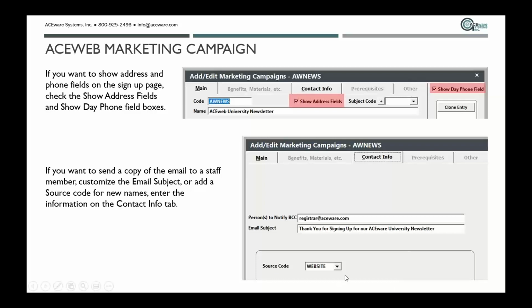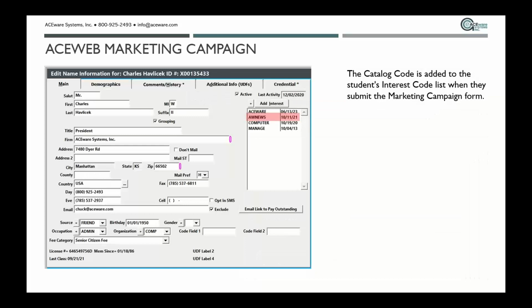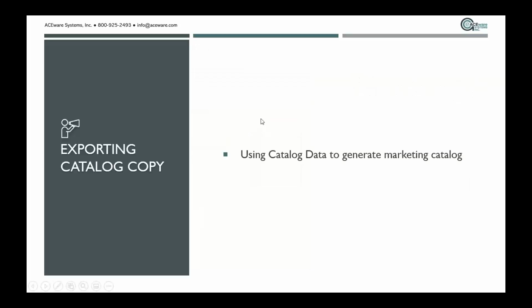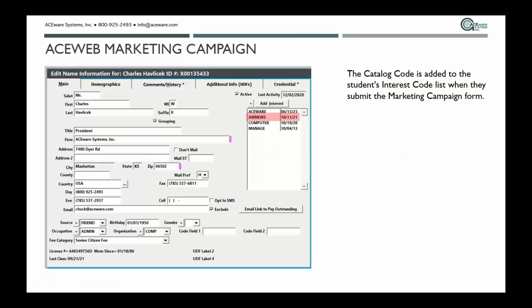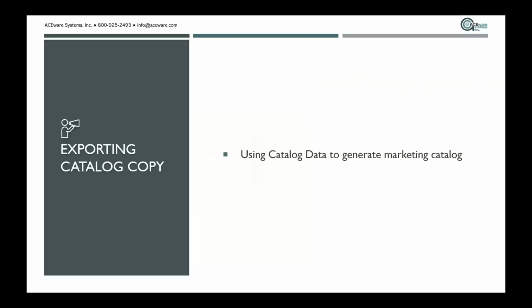And again, it references the source code as to where that student came from. Catalog code is then, of course, added to their interest code list. And again, that gives you your target group when you get ready to do the marketing campaign for the actual course.